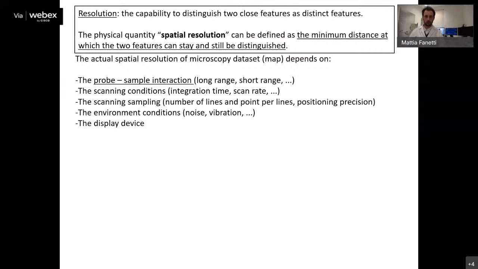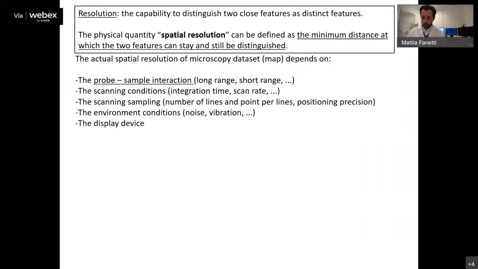And what are the things which affect the resolution? The first very important thing is the interaction between the probe and the sample. If the interaction is very local, then I can acquire a signal which really depends on a short scale. While if the interaction is at a large range, of course, the resolution will be lower. For example, in EDX, the X-ray detection in a scanning electron microscope, the resolution is much lower because the interaction volume is much larger.